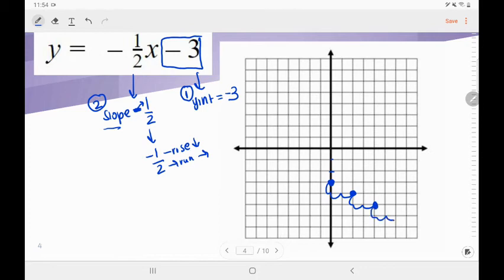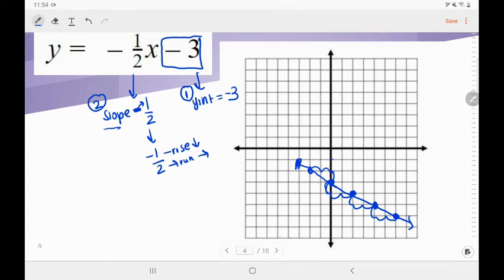And you can see each point I add continues to be on that same line. If I wanted to get my line to go in the other direction, I'm going to do the exact opposite. Instead of down, I'm going to move up, and instead of right, I'm going to move left. And that will allow me to continue my line in the opposite direction.